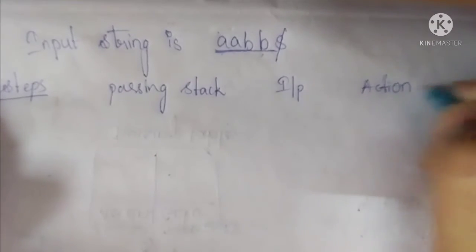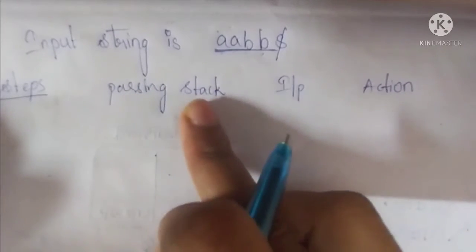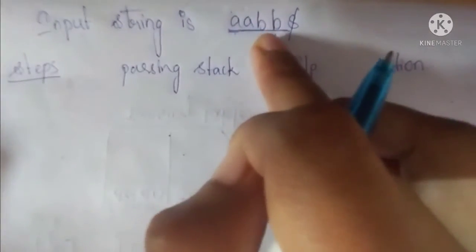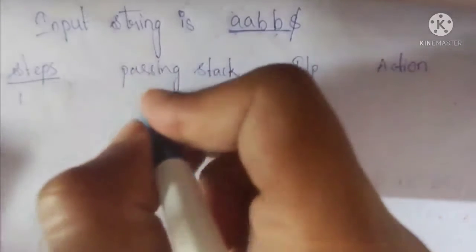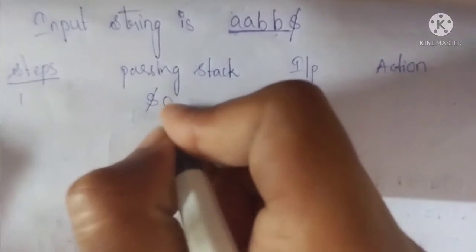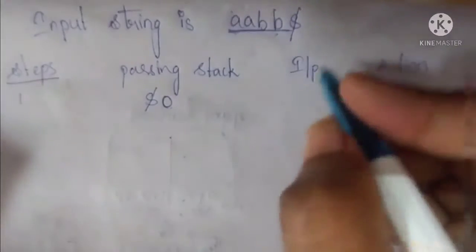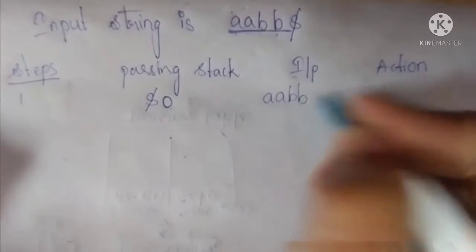So four columns: steps, parsing stack, input and actions. You have to parse the input string AABB. In the first step take stack 0, which is nothing but the first initial state I0. Next take the input string AABB $.